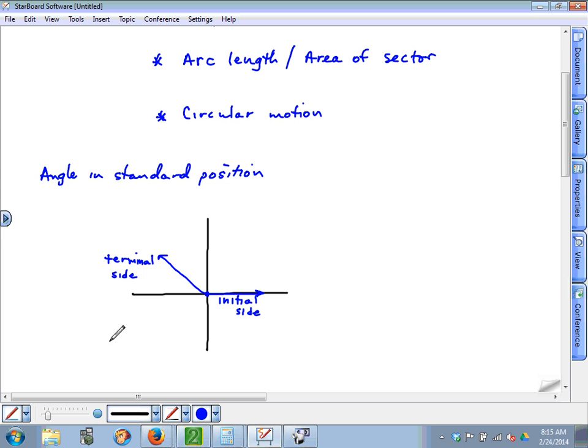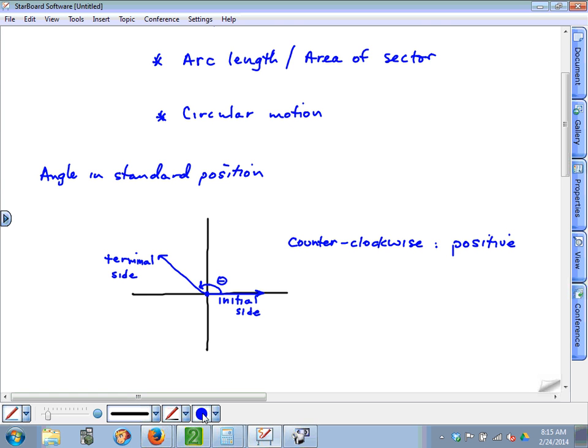Now there's two ways to measure an angle in standard position. If you start on the initial side and go counterclockwise in this direction, that's a positive angle measure. Counterclockwise is positive.